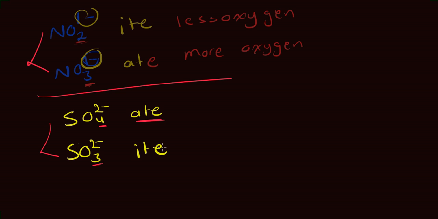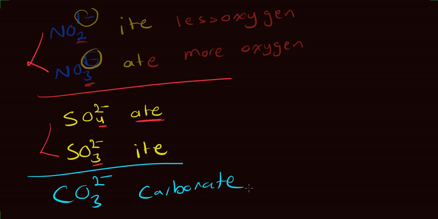But if you have only one type, like carbonate, CO3 -2, where we don't have CO2 -2, you use carbonate. ATE is used for those polyatomic ions which have only one type.